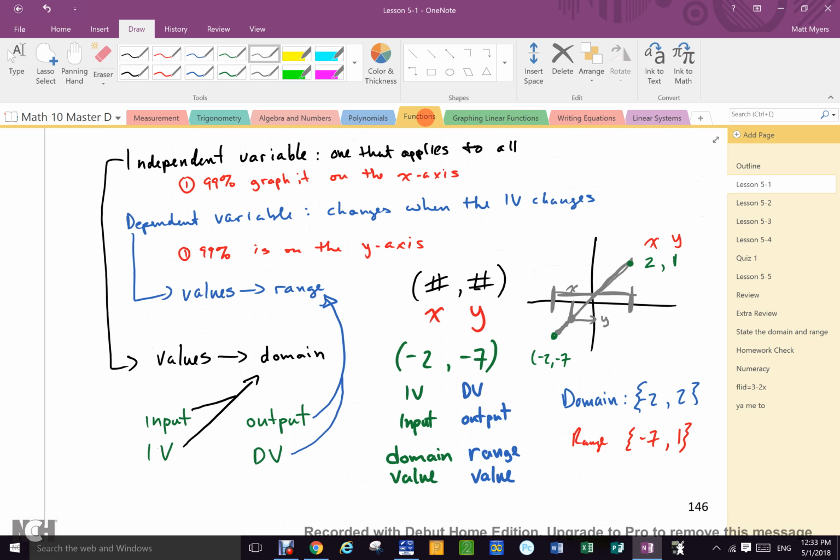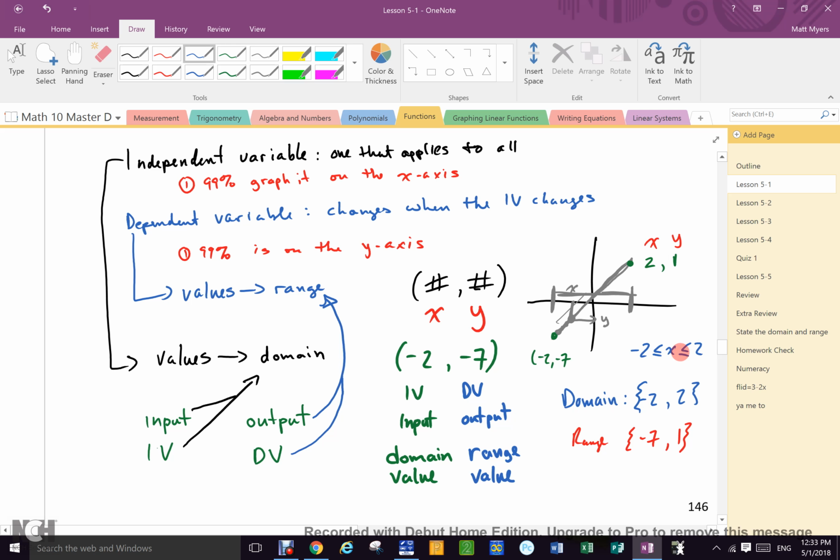Okay, so everybody's cool here now, yes? When I change this to a line, this doesn't become squiggly brackets, comma, comma, because it's all the values in between, right? So the domain, when I made the gray line, became -2, less than or equal to x, less than or equal to +2, which means all the x values in the middle.